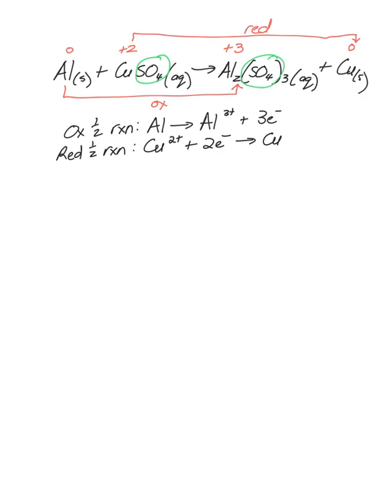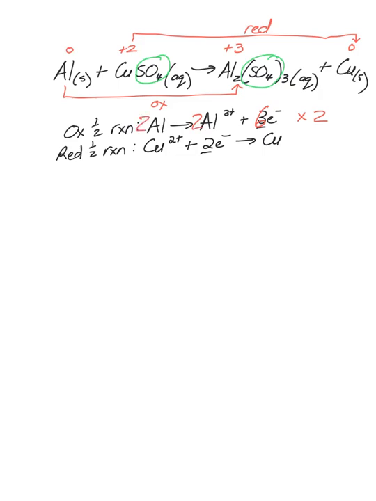Now with a redox reaction, you have to balance the electrons first because it is a transfer of electrons. So you will notice we've got 3 electrons in the one and 2 electrons in the other. Now they don't balance out. 3 doesn't go into 2, 2 doesn't go into 3, so we need a lowest common denominator. So what I'm going to do, I'm going to times this whole equation by 2, so that we get 6 electrons, but I also have to put a 2 there, and I have to put a 2 there.